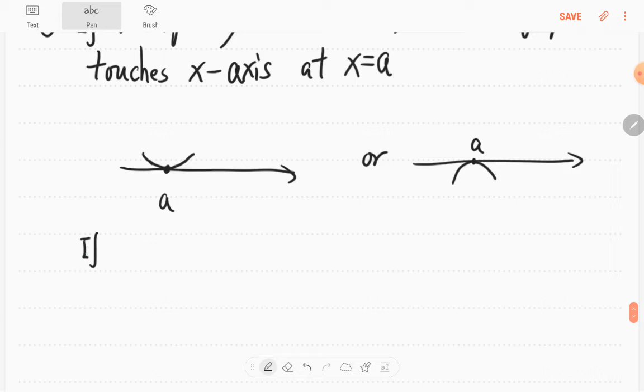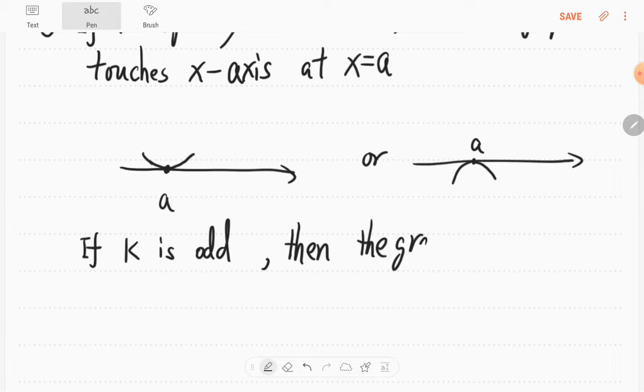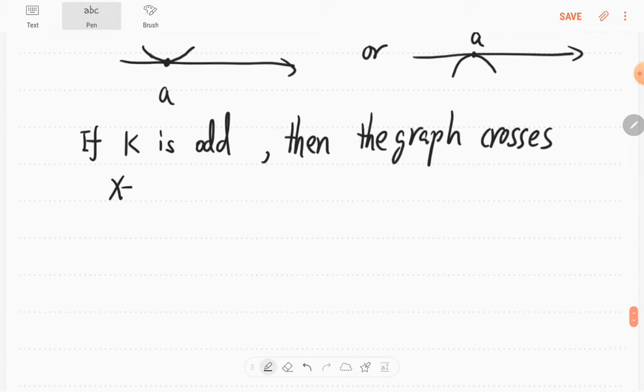If k is odd, then the graph will cross the x-axis at this point. It crosses the x-axis at x equals a.